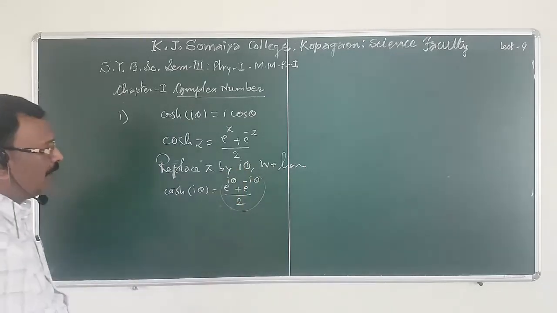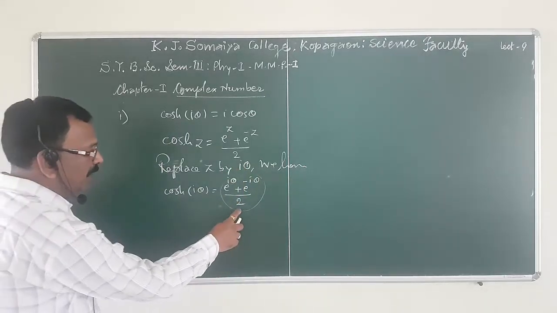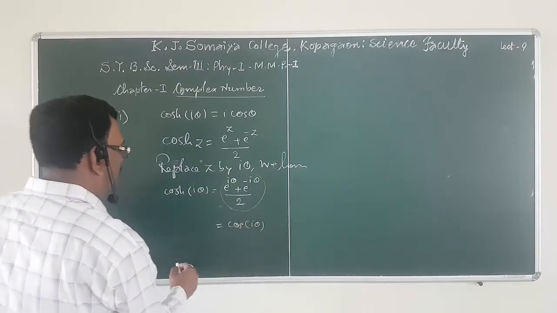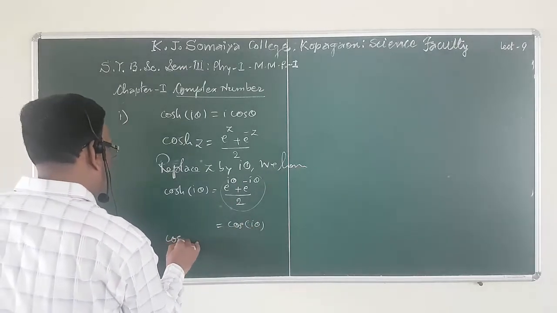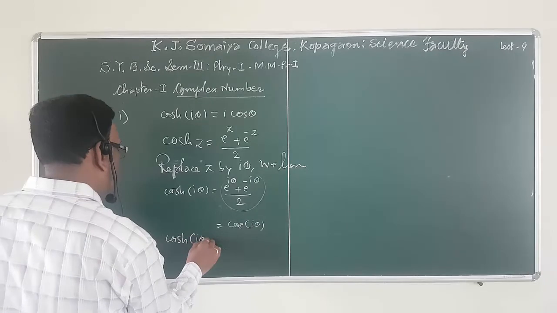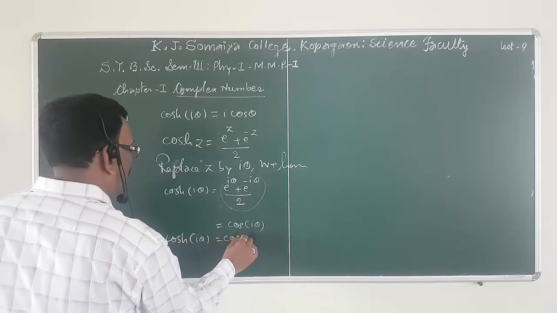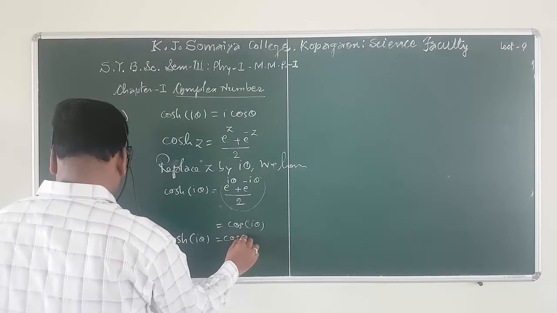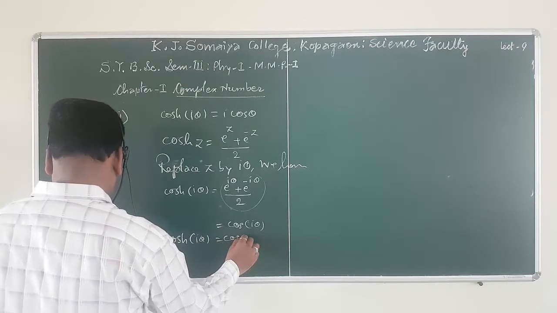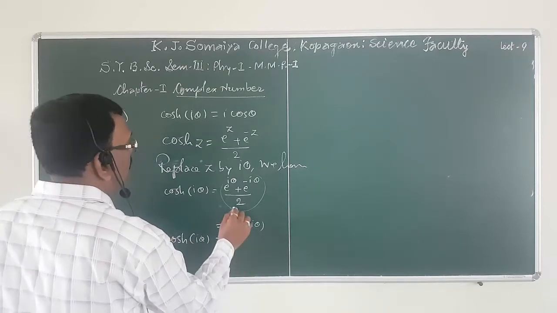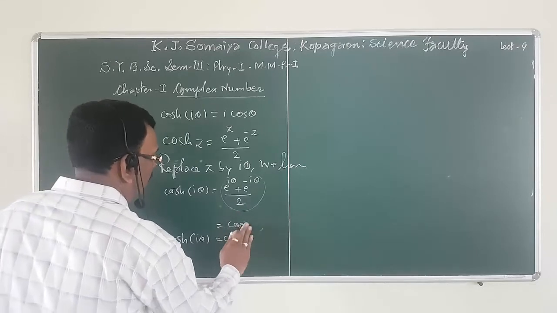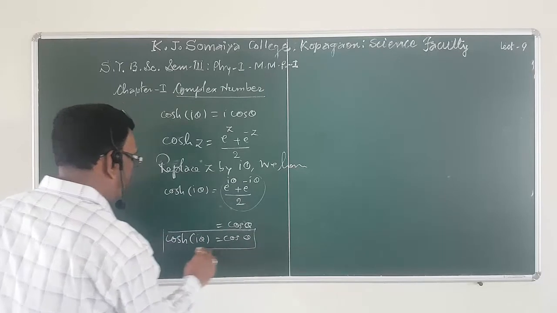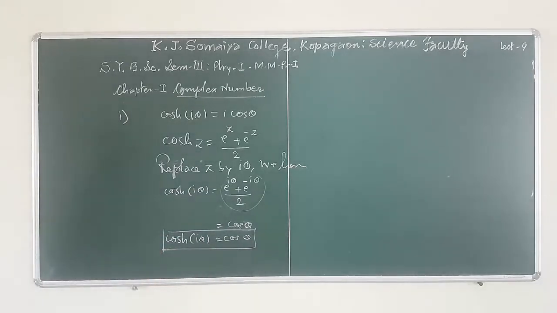Here there is no need to make any arrangement, it simply gives the value of cos theta. Hence, we have cosh i theta is equal to cos theta. This is the second identity.